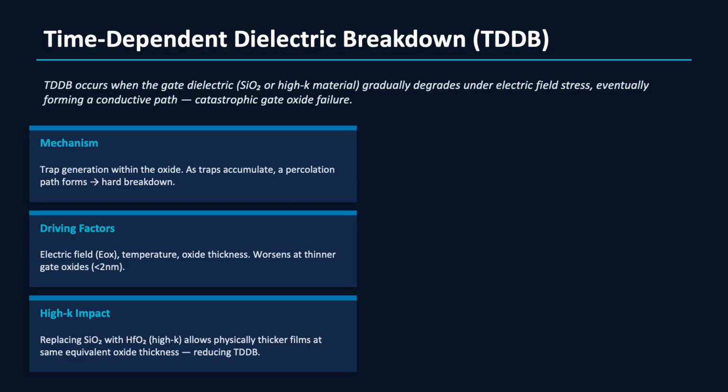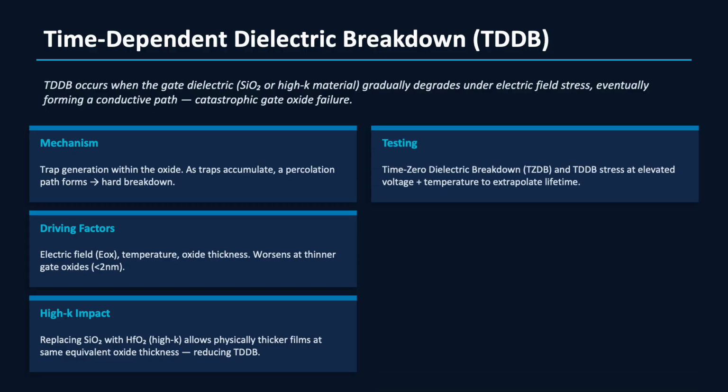As a mitigation, oxide or silicon dioxide is replaced with high-K material like hafnium oxide. This allows physically thicker films at the same equivalent oxide thickness, or EOT. Thus, it reduces TDDB.